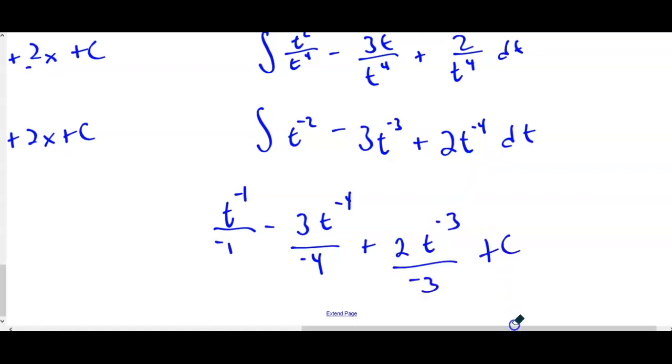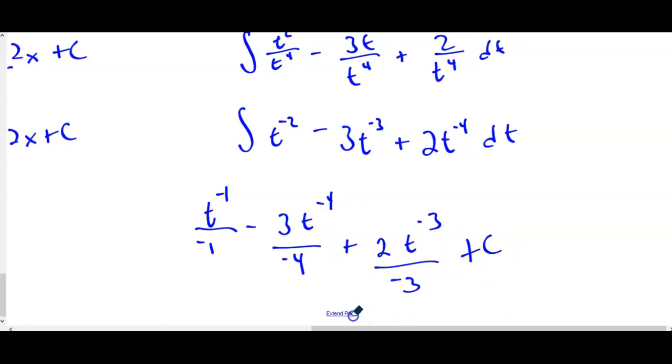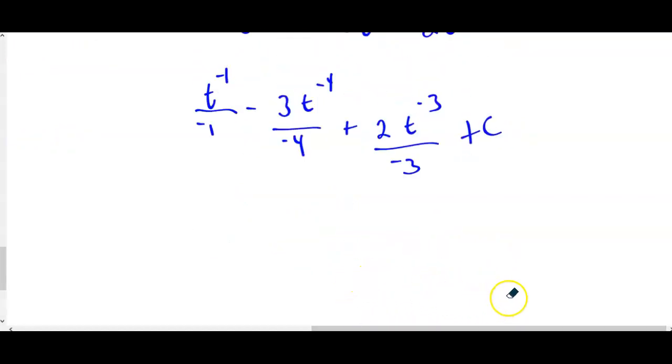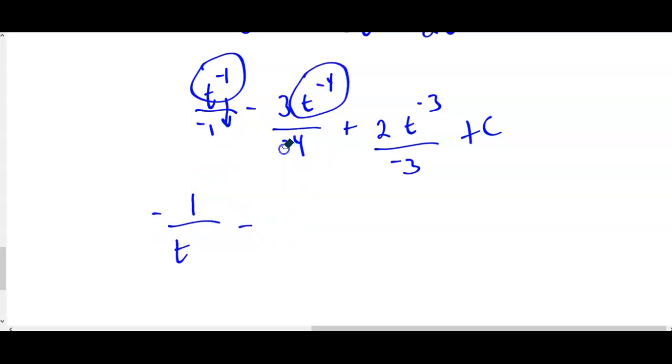I wrote too big, so I need a little space. Right here, you need to move this to the bottom. Remember, there's a 1 at the top, so negative 1 over t. This needs to move to the bottom, and then you have a negative, so that becomes a positive. 3 over 4t to the fourth. And then, oh, I did not mean to do that.